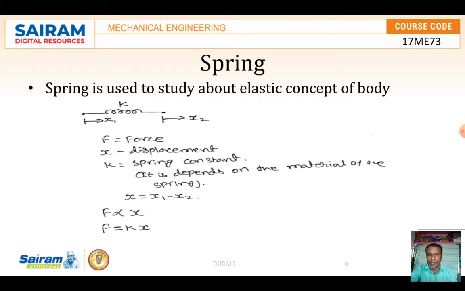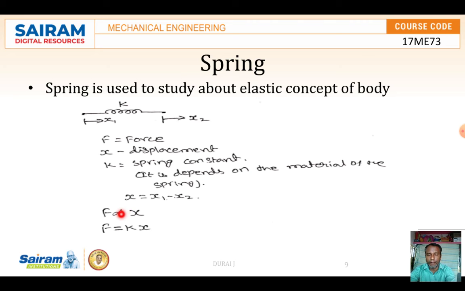In this spring constant, we are going to consider ideal mass as well as ideal friction. And here x is the total distance moved, so x is equal to x1 minus x2.